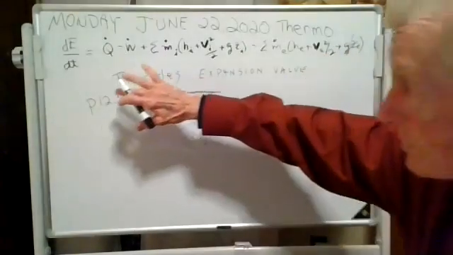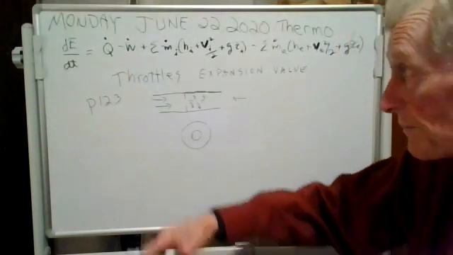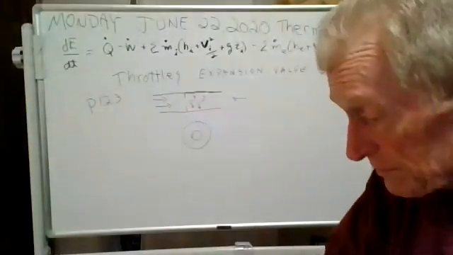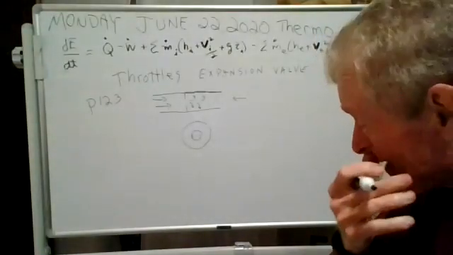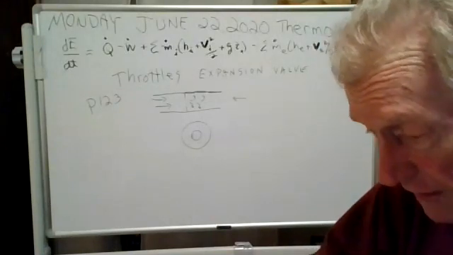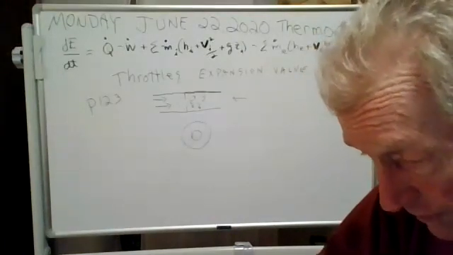Now, if you go through this first law of thermodynamics, this throttle is sitting there, and if your air conditioner is running, you probably go for a ride or something in the summer. You have that thing running for a while, maybe for 40 minutes.